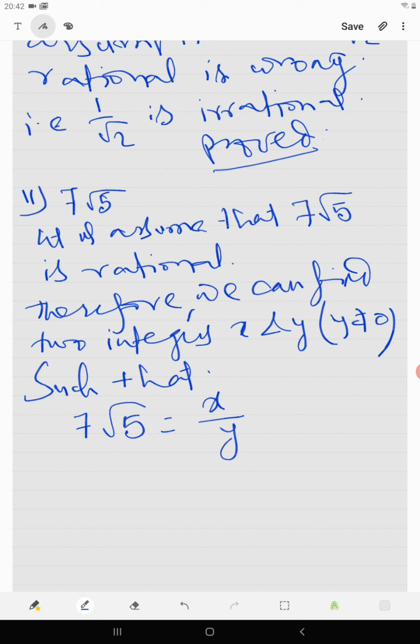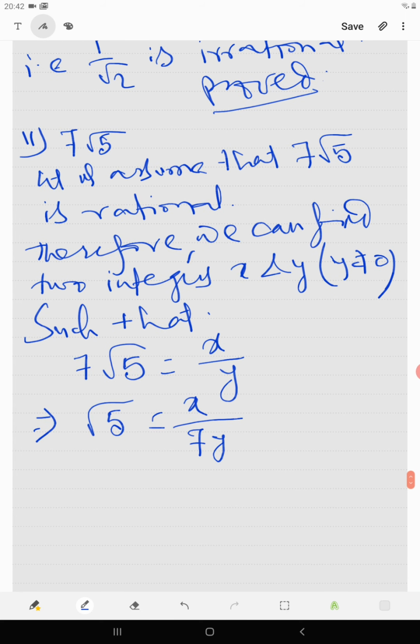So this simplifies to root 5 equals x by 7y. Now, since y is an integer, 7y is also an integer, so x by 7y is a rational number, correct?